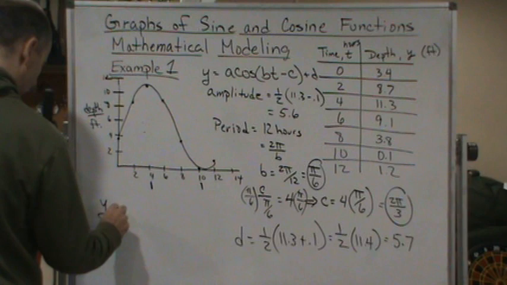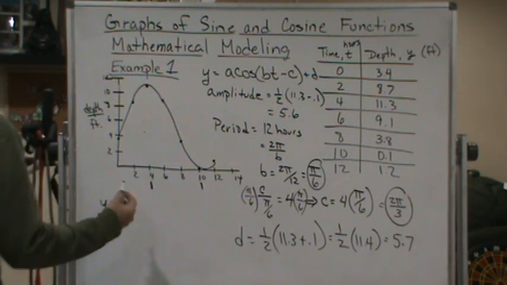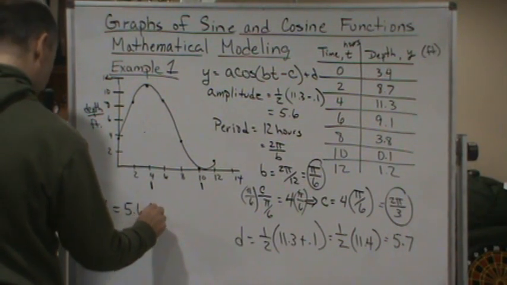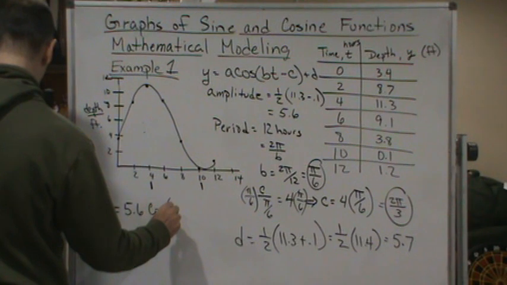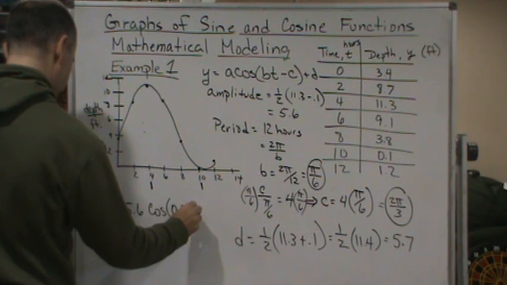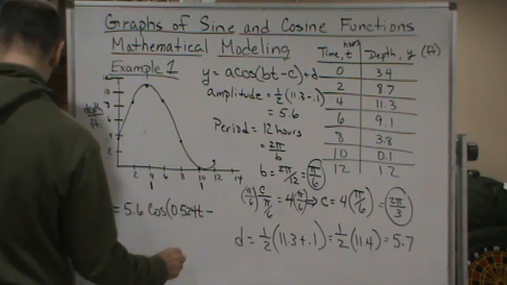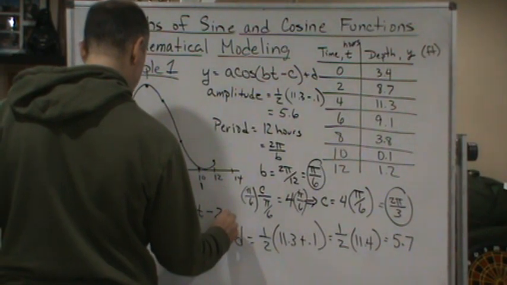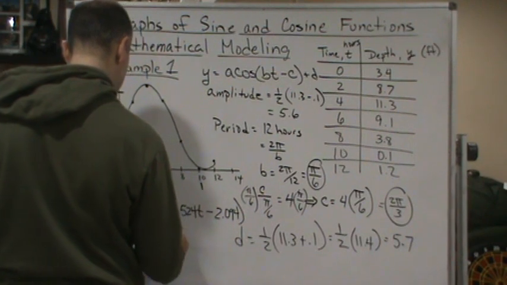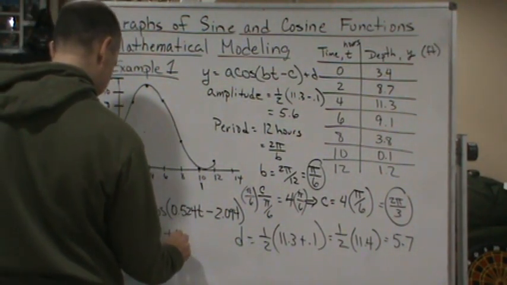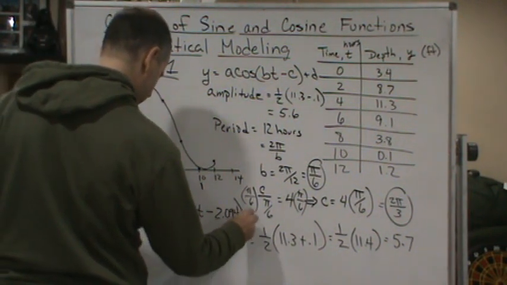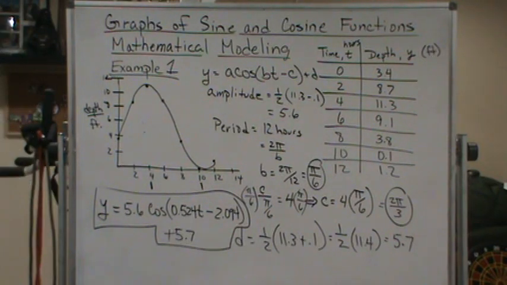Based on this data, our model is going to be equal to 5.6 cosine of 0.524t minus 2.094, plus 5.7. And that's our model.